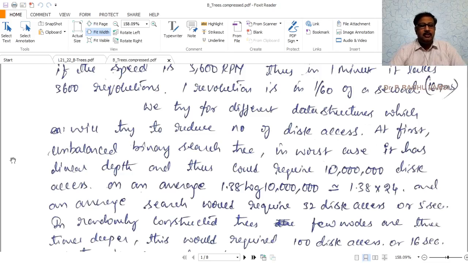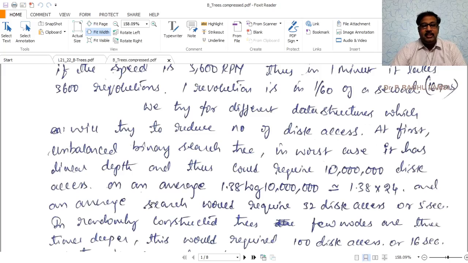So let us consider the unbalanced binary search tree. In the worst case, it has a linear depth, and thus could require how many disk accesses? Obviously, in the worst case, 10 million disk accesses are required.